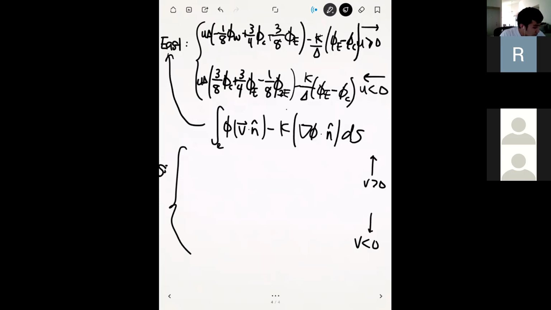And so this is going to be minus v delta times minus 1/8 phi sub 2s, sorry, so this is the neighbor that's two to the south of us.